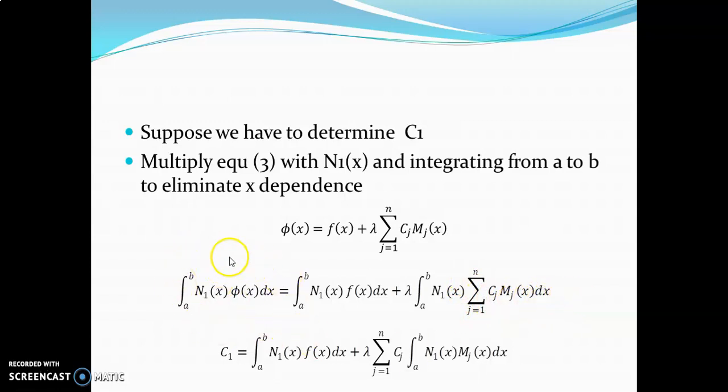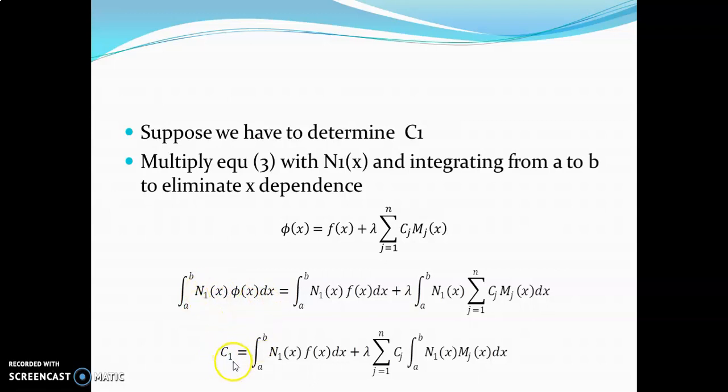So from equation number A, we know that integral a to b nj of x phi of x dx is equal to cj. Nj of t phi of t dt, whatever be the integrating variable, either x or t, the result is cj. So when we integrate from a to b n1 of x phi of x dx, it will be c1.